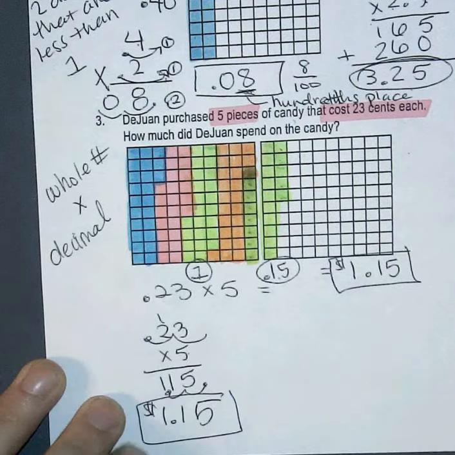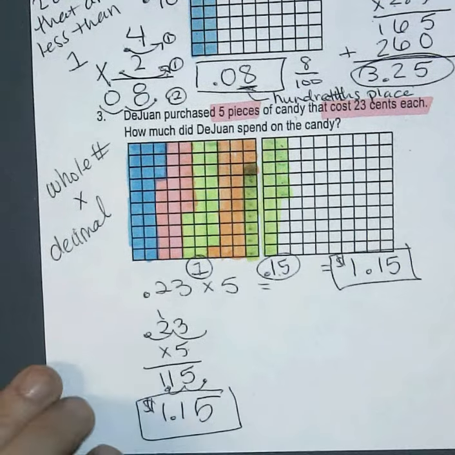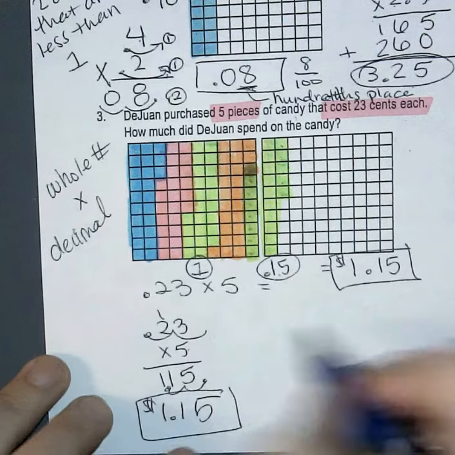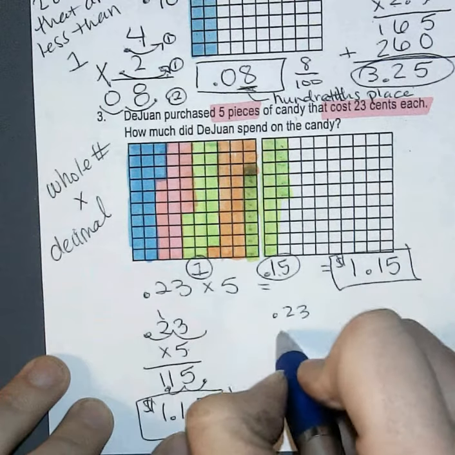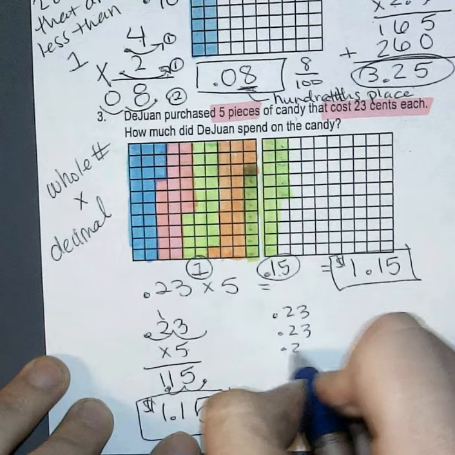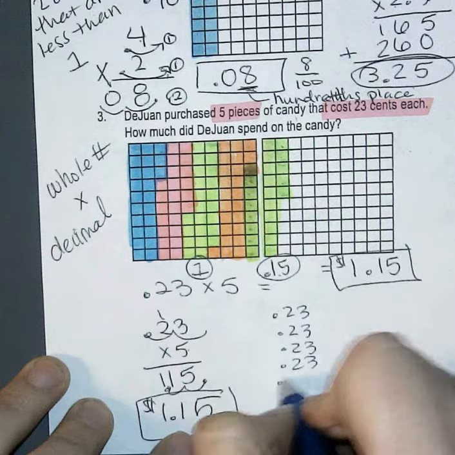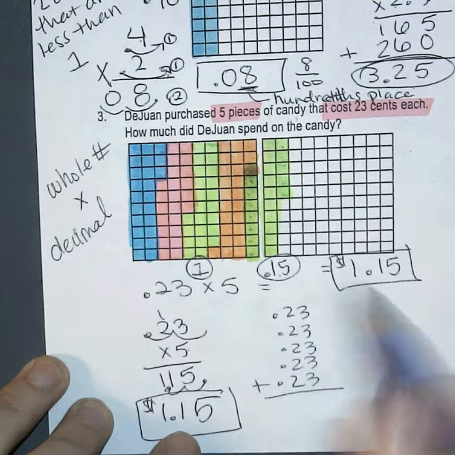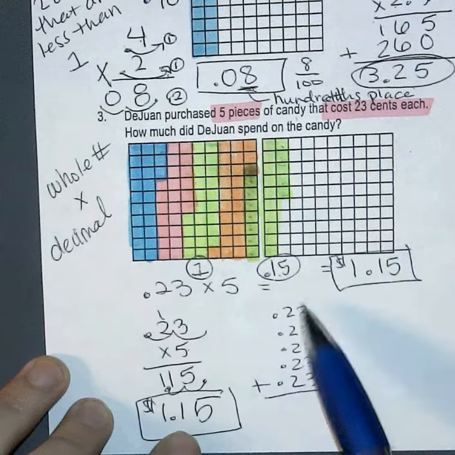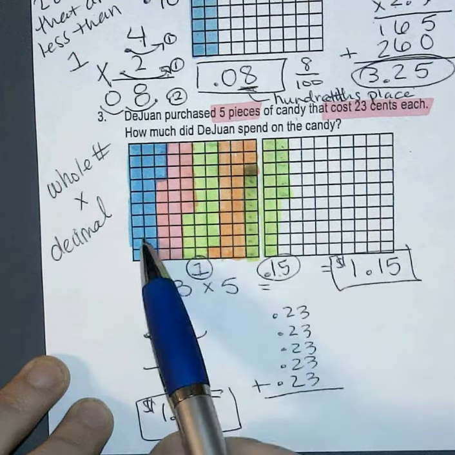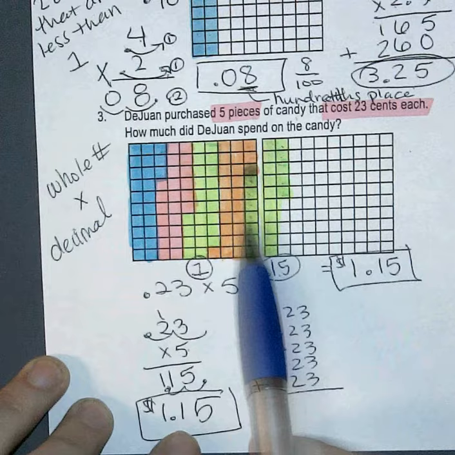That matches. Now let's say you aren't very good with multiplication and you want to try it another way. You could add them up. This is just overkill at this point, but for those that need it, we took our 5 pieces of candy and we're adding them up. So 23, 23, 23, 23, 23.